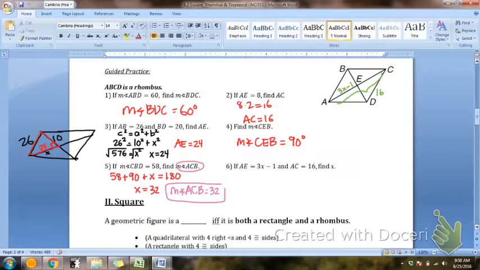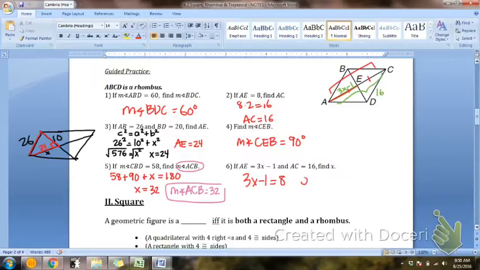Okay, if I set 3x minus 1 equal to 16, I'm saying that this small piece right here is equal to the whole thing. Does it make sense that this little piece right here equals the whole thing? That doesn't make sense. Okay? But I know that the whole thing is 16, so how much are each of these small pieces? They're each 8. So you could say 3x minus 1 equals 8.